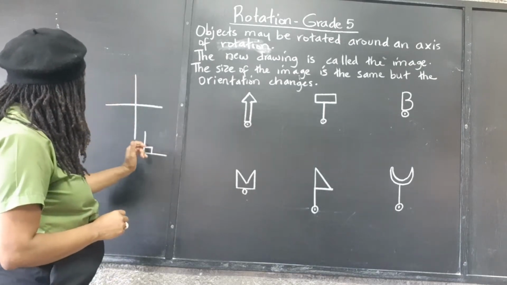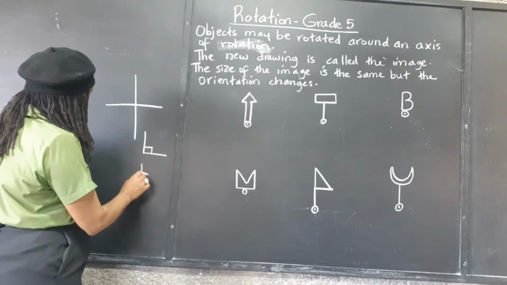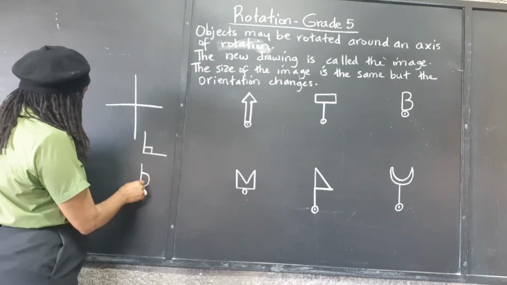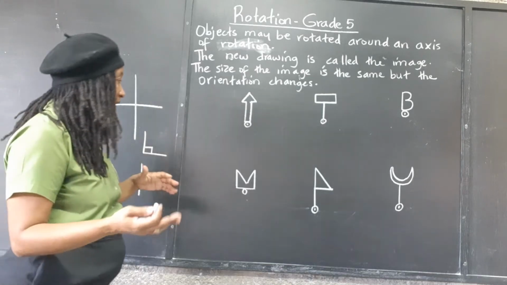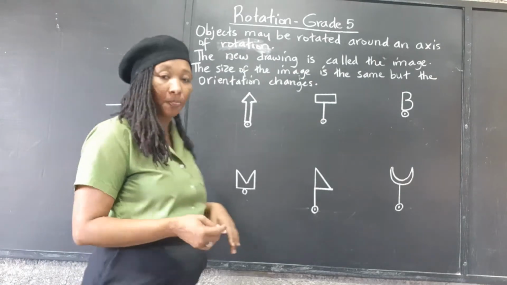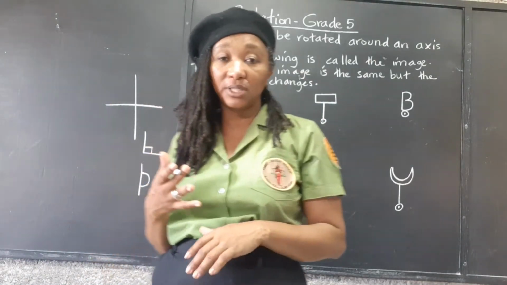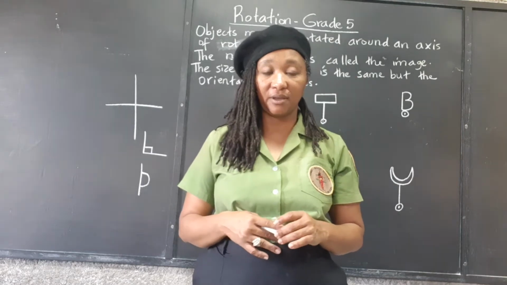From north, 90 degrees. A straight line is 180 degrees. And then 90 more on that would take it to 270 degrees. And all the way back around, it would be a full 360 degrees, right?